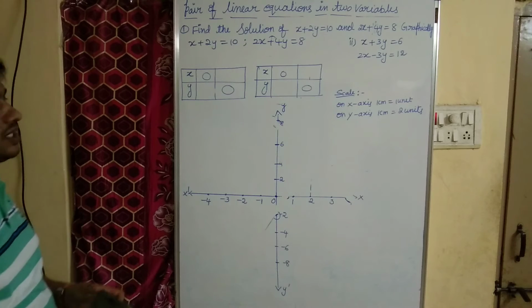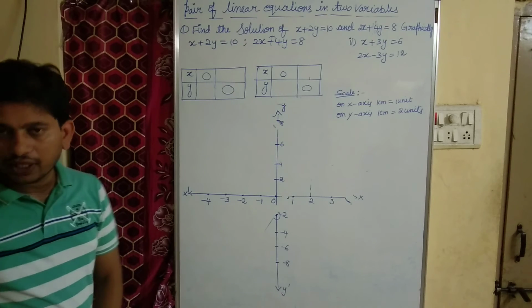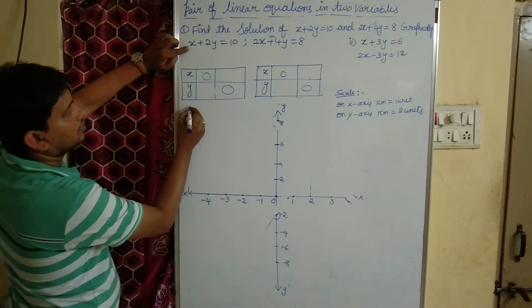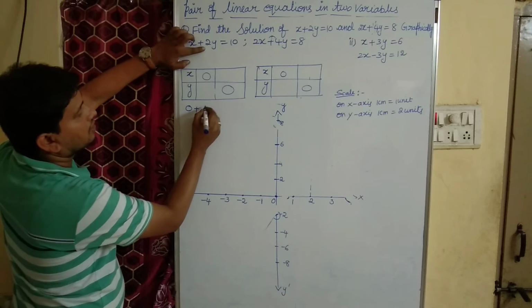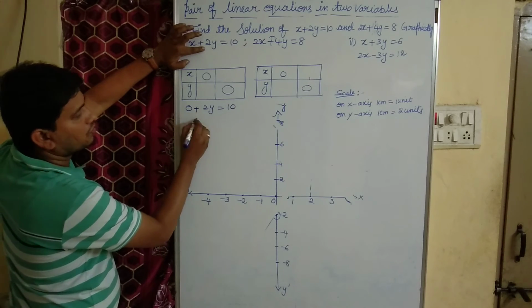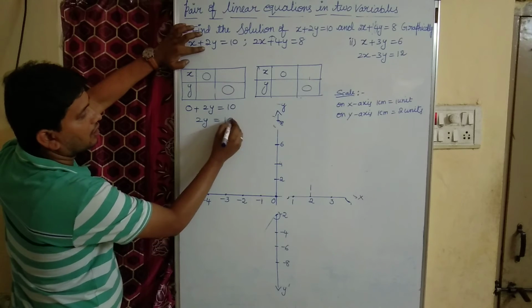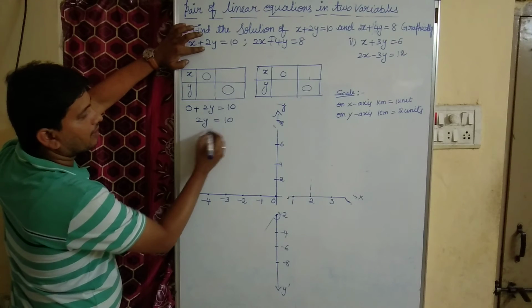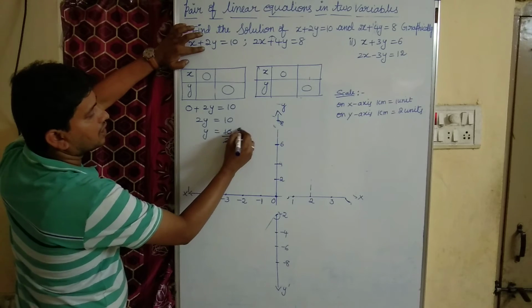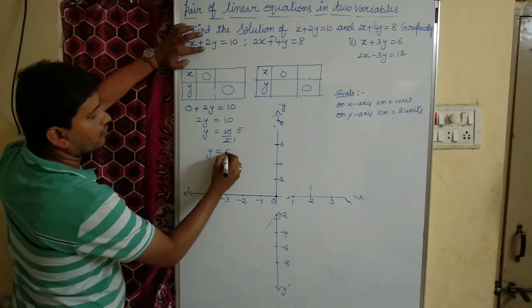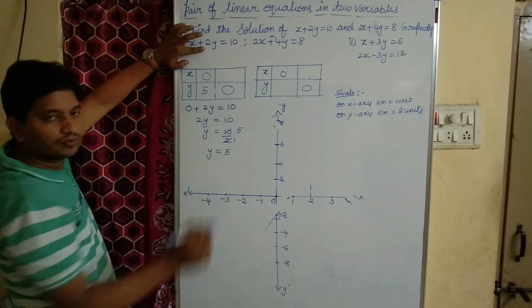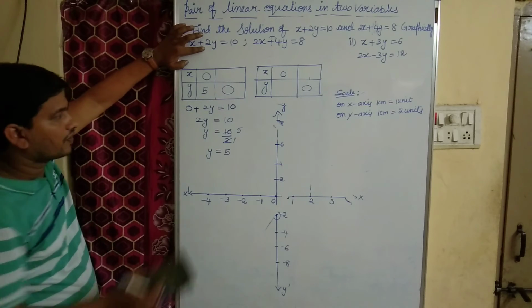Okay, let us solve these two equations by the same method. First let us take x value 0. 0 plus 2y equal to 10. Transposing the 2, y equal to 10 by 2. 2 fives are 10. So what is the value of y? Y value is 5. When x is equal to 0, the value of y is 5.